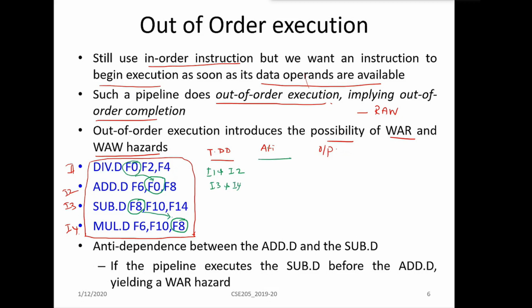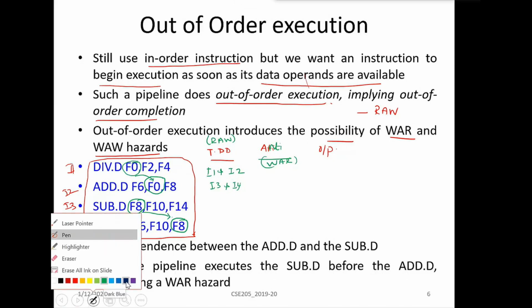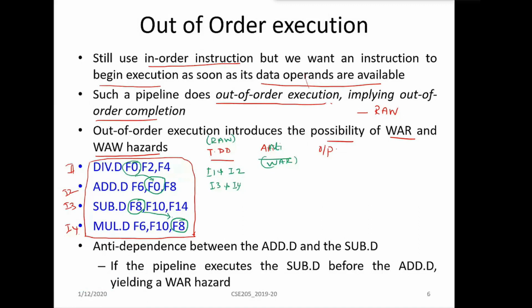Next, anti-dependence. True data dependence is a RAW hazard. Anti-dependence is write after read. Between which two instructions do you have it? I2 and I3, add and subtract.